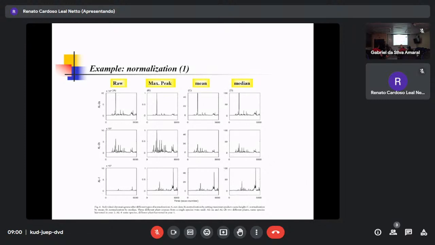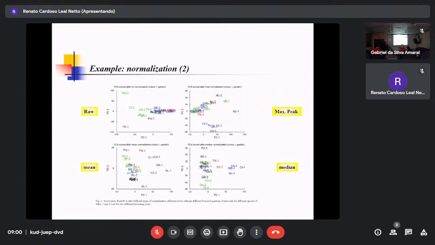You can tell the raw data is more or less the same, but the outcome is completely different. Which one is better? There is no best method, but you have to choose one of them. This is just a computer calculation, a post-analytical method, so you can use any of them. So now in raw, max peak, or median, all the data are completely different.